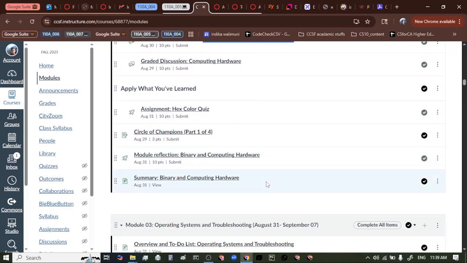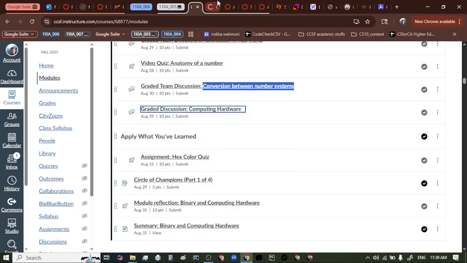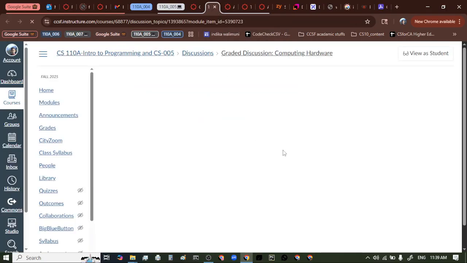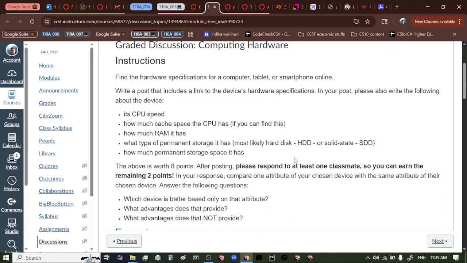All right. So let me quickly go over the assignment today. So the discussion assignment is this one. You have to pick hardware from the internet, like a computer or a CPU or let's say an iPhone or something like that, and then you would basically find out the CPU speed, the cache, RAM and the storage, and you have to make a post on that.